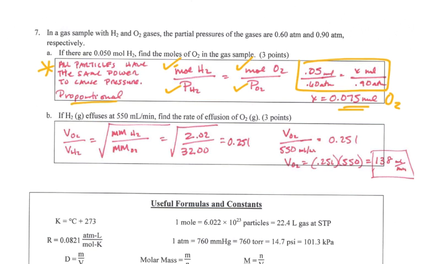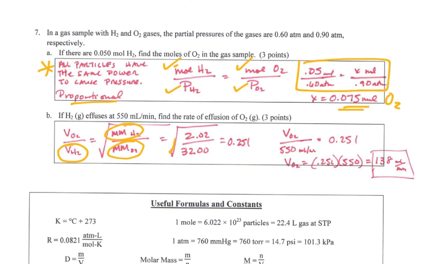Now it says here H2 effuses at 550 milliliters per minute, and effuses just means escapes, and it's proportional to the velocity. Find the rate of effusion of oxygen. So we're saying, if I know one of these, I know this guy, and I know their molar masses because I know what the chemicals are, so I can get 3 of these and plug it in and get the last one.